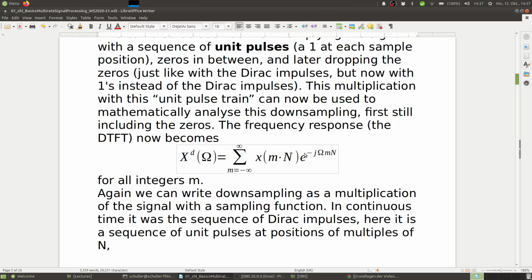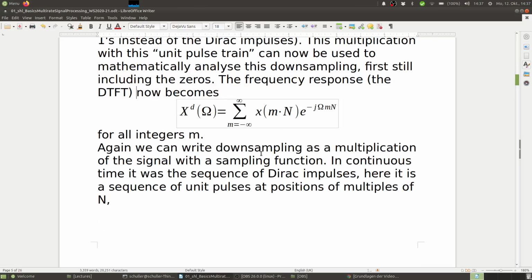And you can see instead of having our original signal x, we just keep every capital N's sample here, right? And then the sum only runs on the non-zero entries. So the question is, how does it change our spectrum here, the result of the DTFT, right? It should be different because we only keep every capital N's sample.